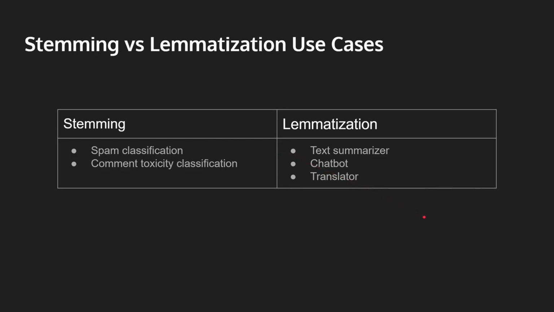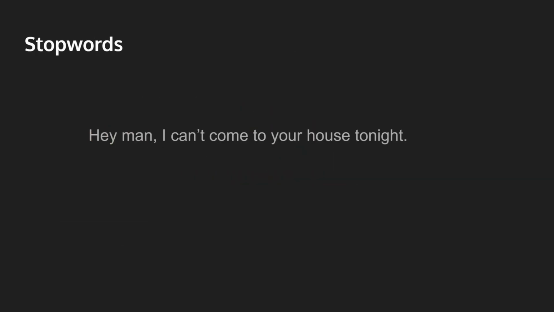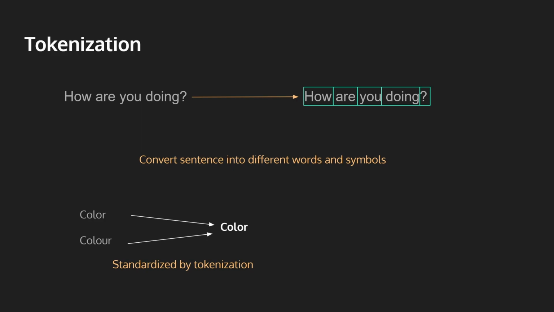And that's it for this video. We talked about tokenization, stop words, and stemming. So now let's quickly recap. Tokenization is breaking each sentence into individual words and symbols, so that words can mean different things in different contexts.